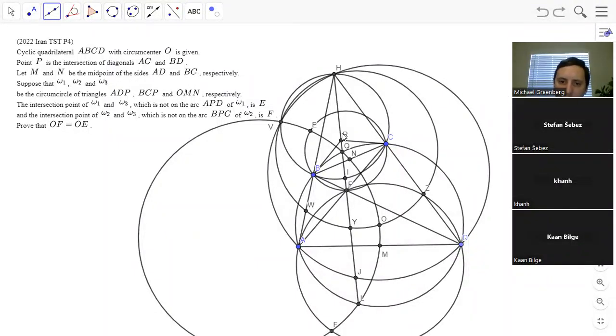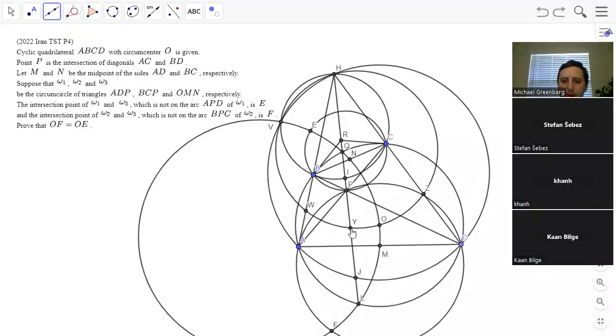So N goes to R, and then M goes to that other point that lies on HL. But yeah, I think OY, AD, and BC concur.